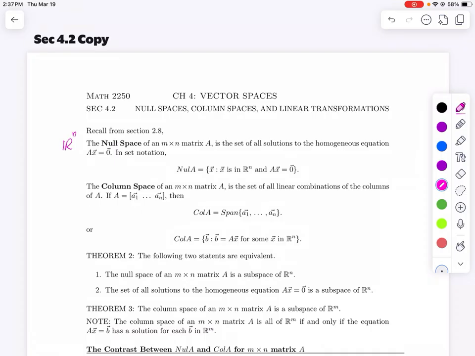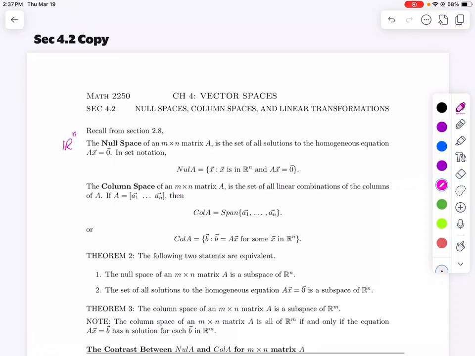So just to review the definitions, we call that the null space of an M by N matrix. These null spaces and column spaces are connected to matrices. If we have an M by N matrix A, the null space of A is the set of all solutions to the homogeneous equation Ax = 0.